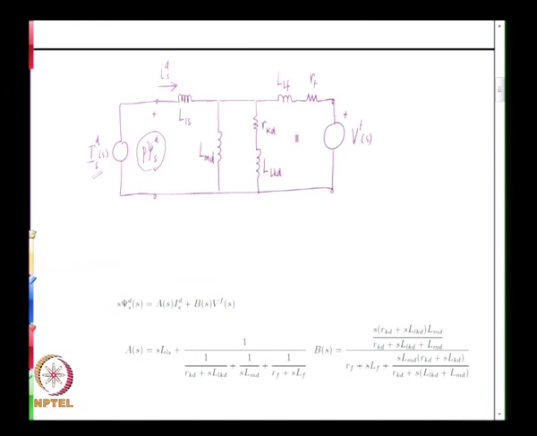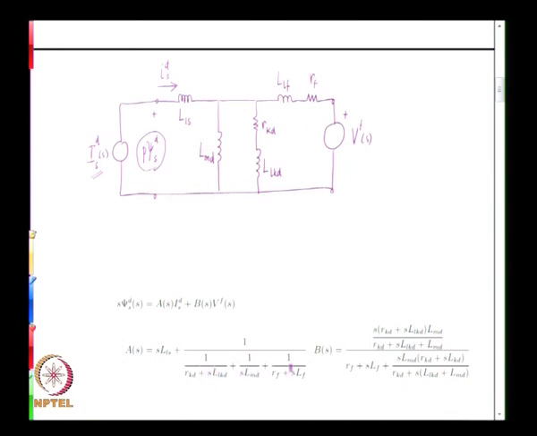if you short this source what we have is this impedance comes in parallel with this branch, and therefore this voltage is nothing but ID of S multiplied by this A of S, which is nothing but S times LL of S, that is the impedance of this, plus the impedance of all these 3 branches put together, which is the reciprocal of 1 over the sum of all the admittances, that is 1 by RKD plus S times LLKD, the admittance of this branch. 1 by RF plus SLF is the admittance of this branch, remember this is shorted. 1 by SLMD is the admittance of this branch.